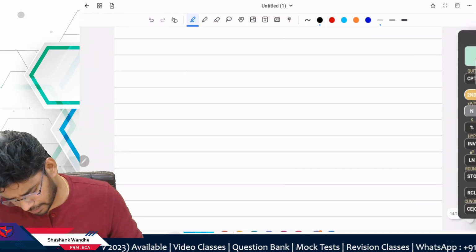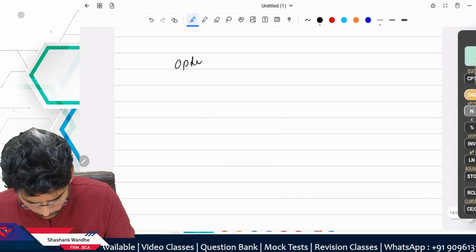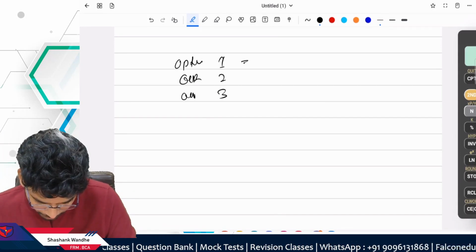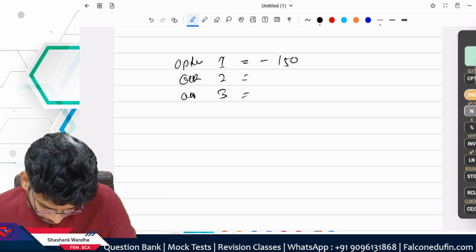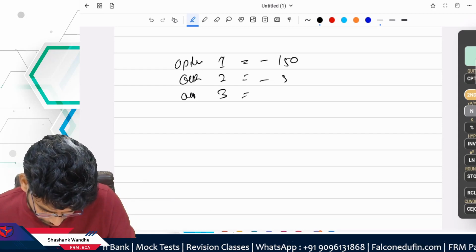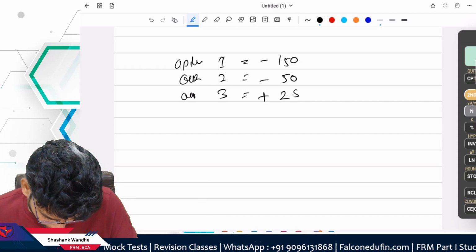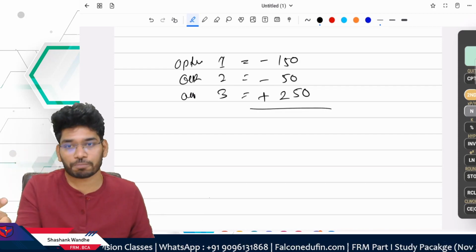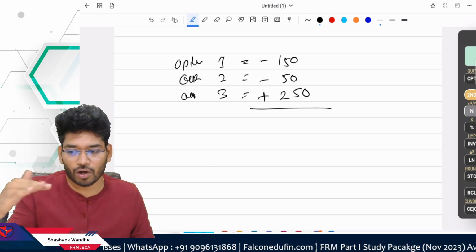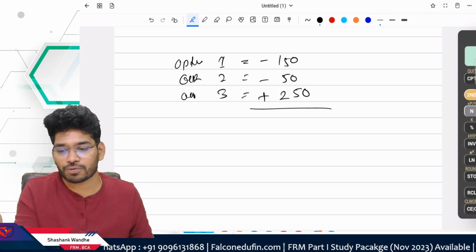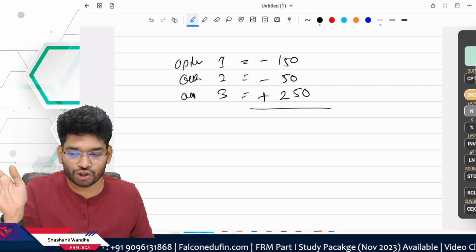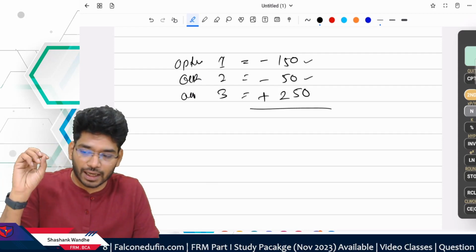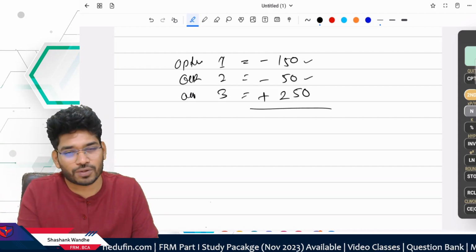Then the portfolio delta. Portfolio delta is very simple. We have, say, option 1, option 2, option 3, with position deltas of 150, -50, and so on. These are the position deltas of individual options. For option 1, say you have short 100 call options and its position delta is 150. Then say 50 short options, so position delta is -50.